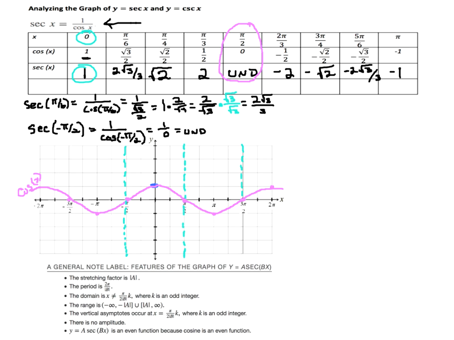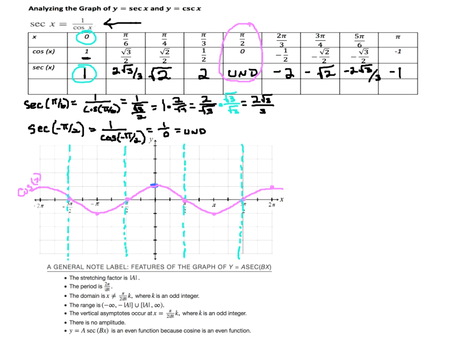So I have a period of pi. So I've got a vertical asymptote here. And notice my vertical asymptotes are where the x-intercepts of cosine are, because they're reciprocal functions of each other. If the cosine has an x-intercept, that means that that y value is 0.